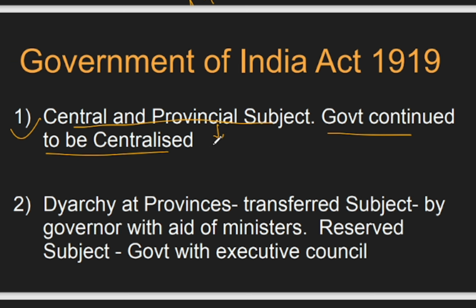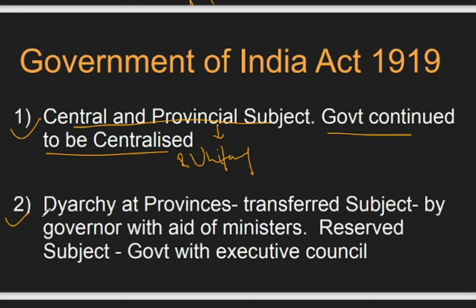Center was independent in legislating on central subjects. Provinces were independent in legislating on provincial subjects. Despite this central and provincial subject division, government continued to be centralized and unitary. You need to know this.